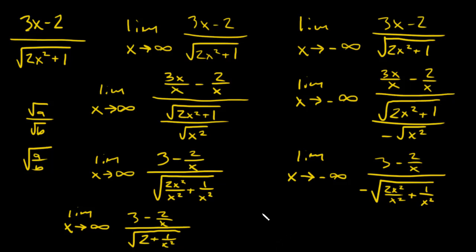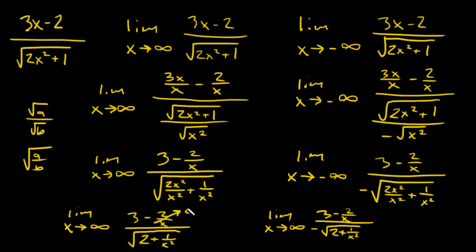And then over here I would have the limit as x approaches infinity of 3 minus 2 over x over negative root, and what's in the root? 2 plus 1 over x squared. Okay, so now I can apply the limit.